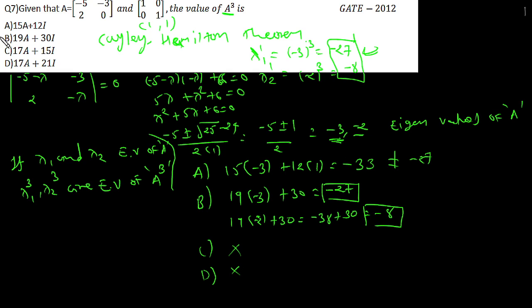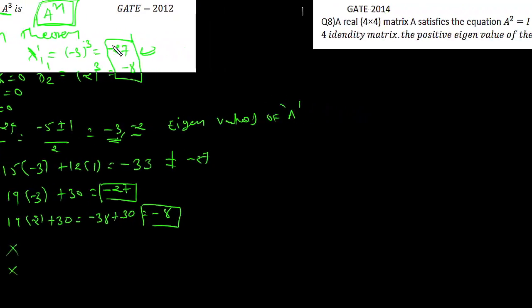So you can directly solve this, and you can solve for any power by this method in a very short time by checking the options. So here option B is the correct answer. Okay, let's move to problem 8.